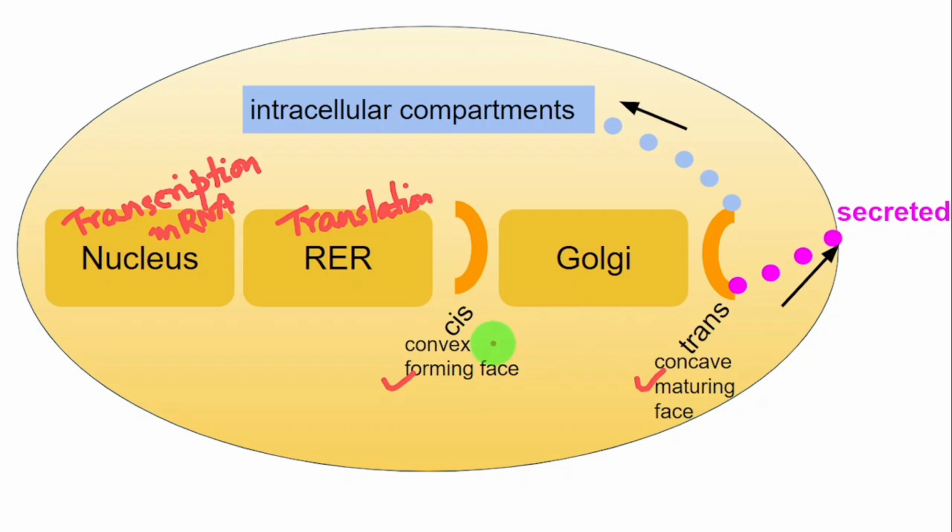So the two phases which you have to remember: cis is convex shaped and it is the forming phase. The maturing phase is concave shaped and it is called trans phase. The two different molecules given as examples are glycoproteins and glycolipids.